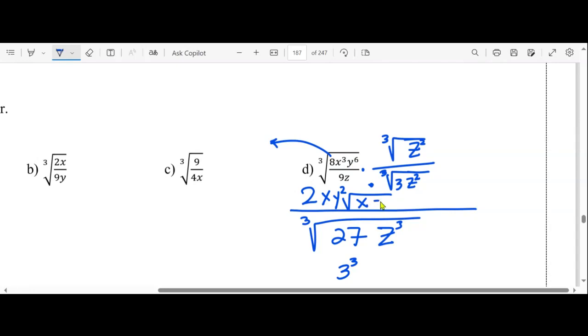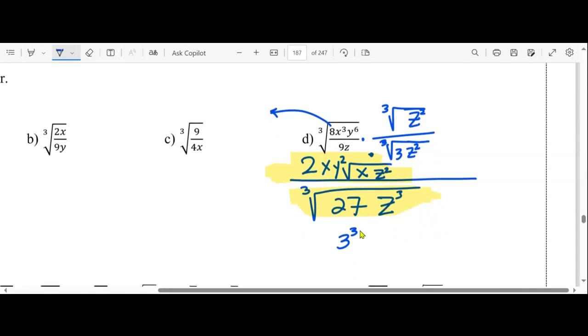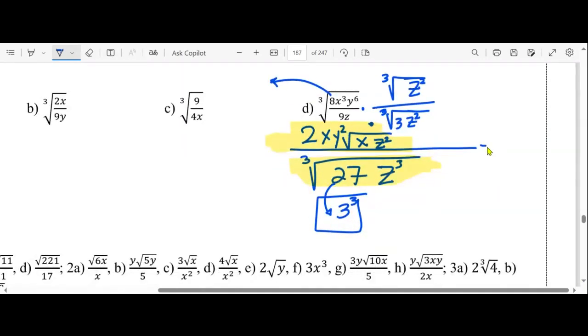And what's left? z squared. Now the bottom becomes 3 to the power of 3, which is actually 3. So 3z. And then the top is going to be 2xy squared, cube root of x z squared.